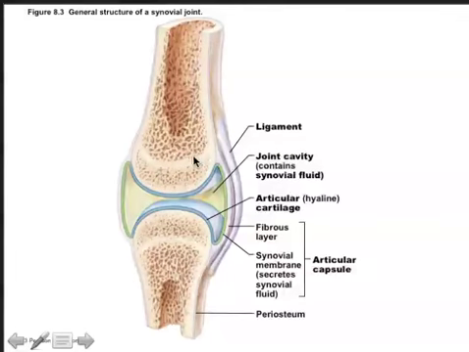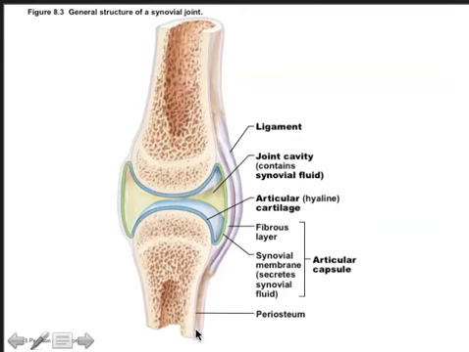In this case, you only have extracapsular ligaments. If this were a knee, you'd see ligaments inside here. You would see ligaments on either side of the joint, both anteriorly, posteriorly, medially, and laterally, and within the capsule. So this is just, again, another typical diarthrotic joint. Together, the fibrous layer and the synovial membrane make up the articular capsule.